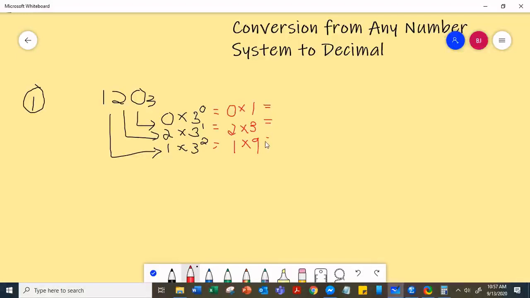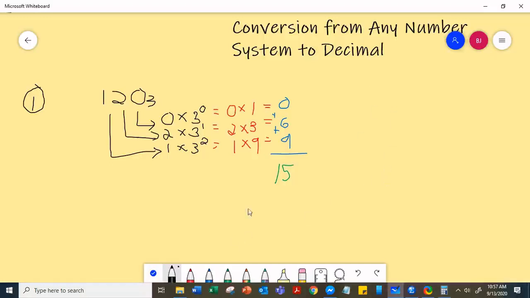So what we have is 0 times 1 is 0, 2 times 3 is 6, 1 times 9 is 9. We add them all up, and we get the answer of 15. We already converted it to decimal, so 120 base 3 is actually equal to 15.